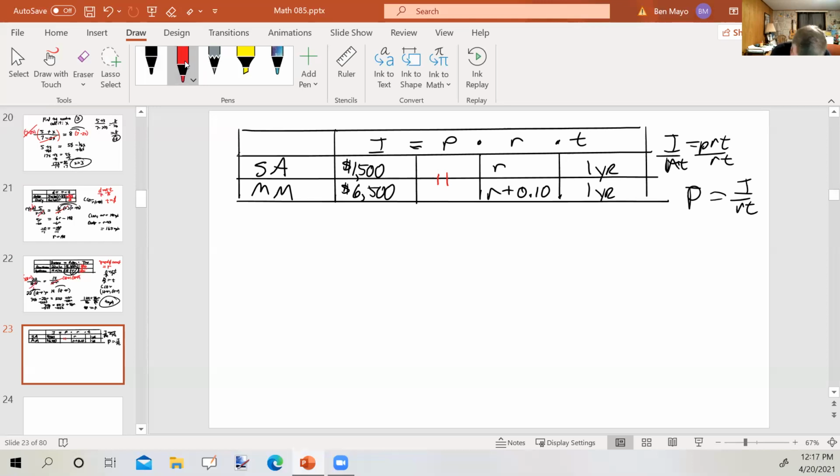So P is going to be 1,500 divided by R times 1, or just R. And the second one, it's going to be 6,500 divided by 1 times R plus 0.10. I've got 1,500 divided by R equals 6,500 divided by R plus 0.10. Okay?